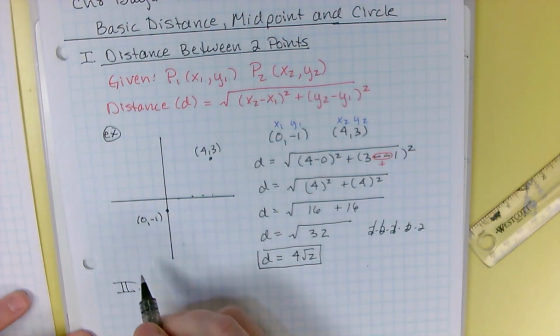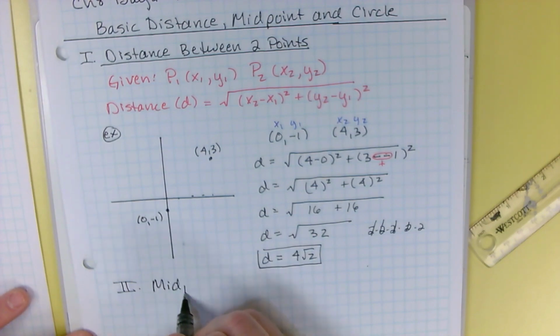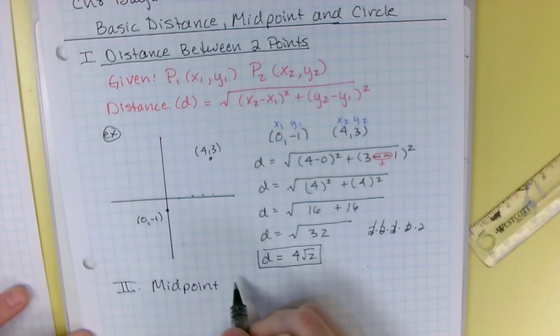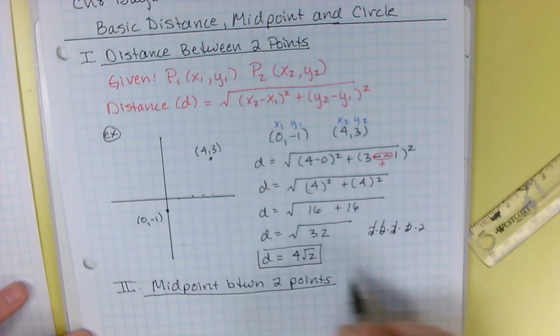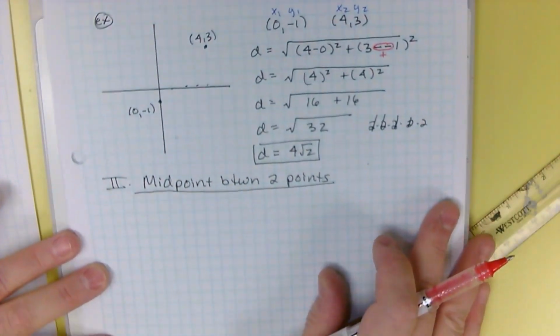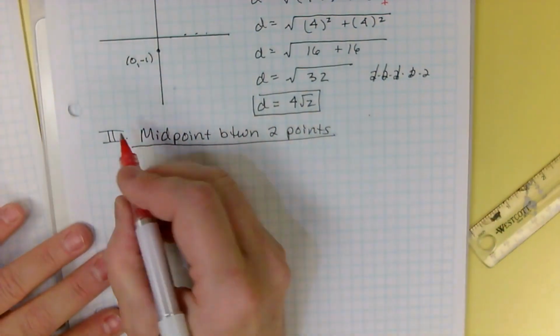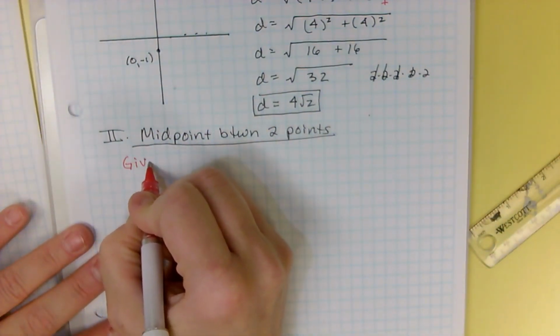Okay, Roman numeral 2, we're going to find the midpoint between 2 points. Okay, so for midpoint, you start with the same thing as distance formula.